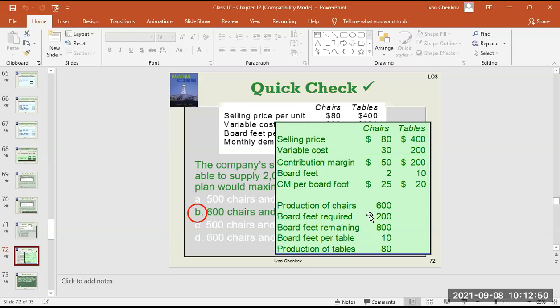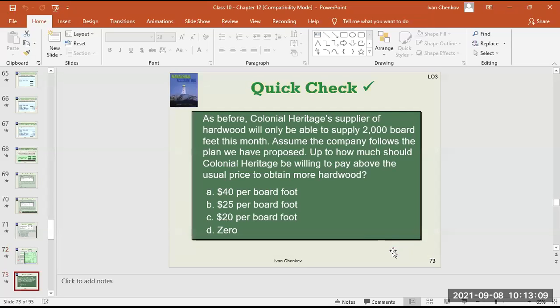For that, we need 2 board feet per chair, so we use 1,200 board feet. We have 2,000 available, which leaves 800 remaining. With 800 board feet, since we use 10 board feet for one table, we can produce a maximum of 80 tables. And that's how we're going to do it.